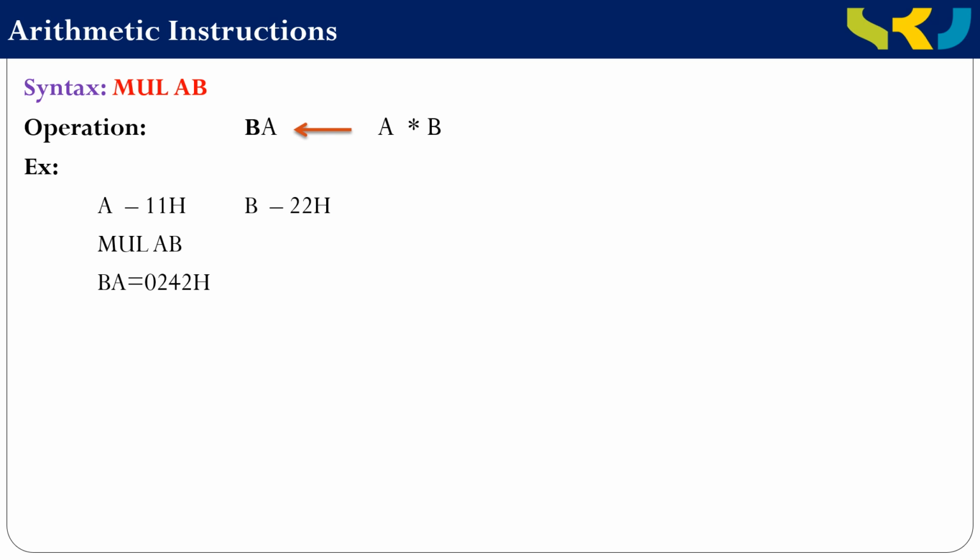So 02 is available in the B register and 42 is available in the A register. And in this example, B is a non-zero value, so the overflow flag will be set to 1. Then we need to move on to division.